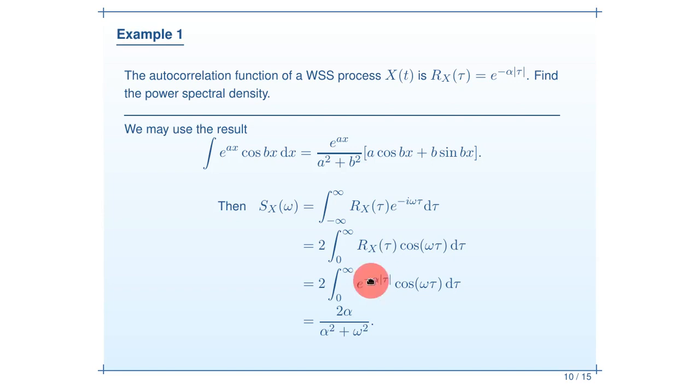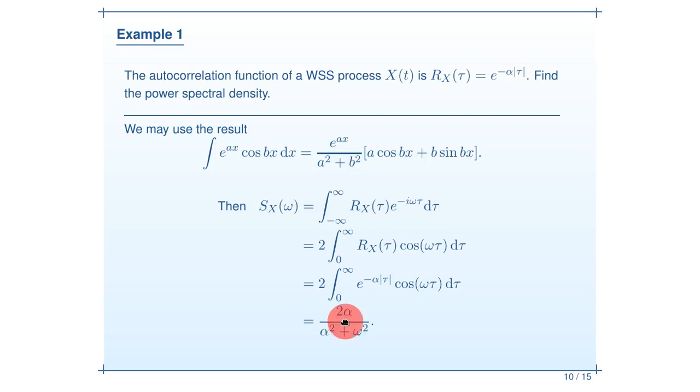We substitute that, and then this integral we can calculate using this result, and it turns out that the result is 2 alpha by alpha square plus omega square. So this is a result worth remembering, that if the autocorrelation is e raised to minus alpha mod tau, then the power spectral density is 2 alpha by alpha square plus omega square.